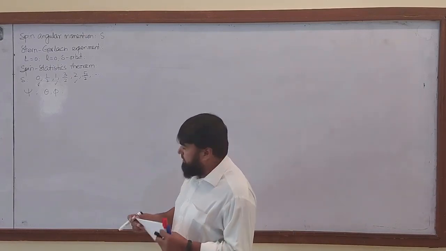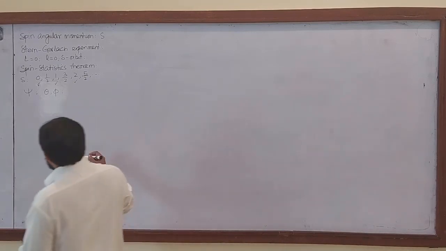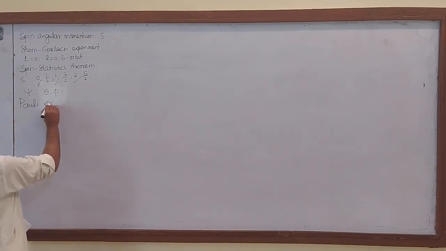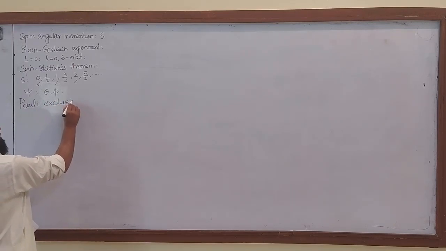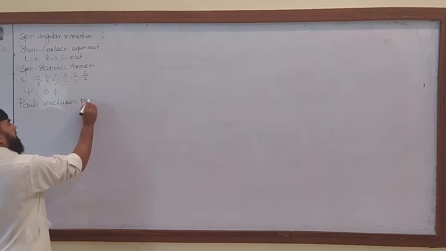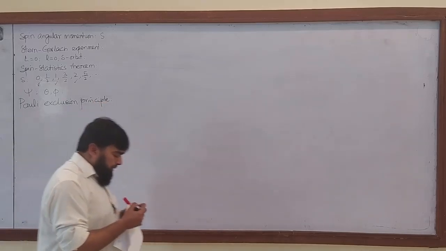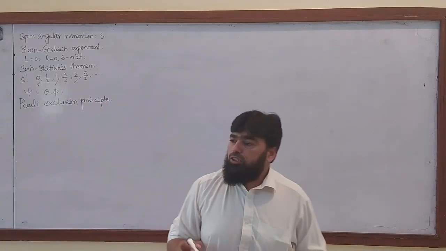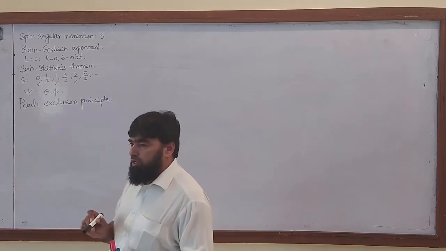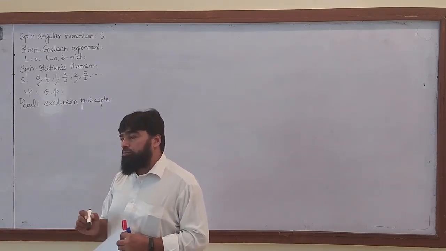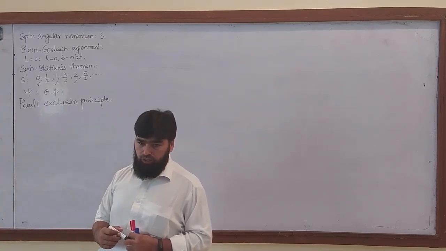The other thing is that you know about the Pauli exclusion principle, you remember. What is the Pauli exclusion principle? It says that it is not possible for an electron to have the same set of quantum numbers.